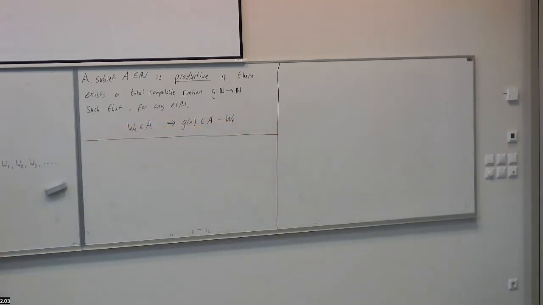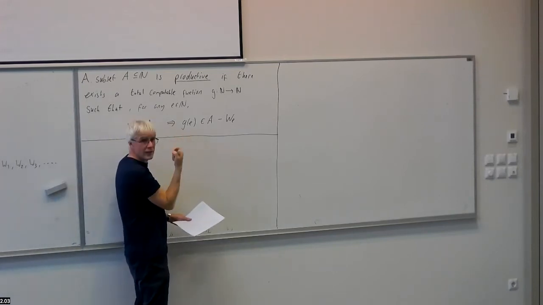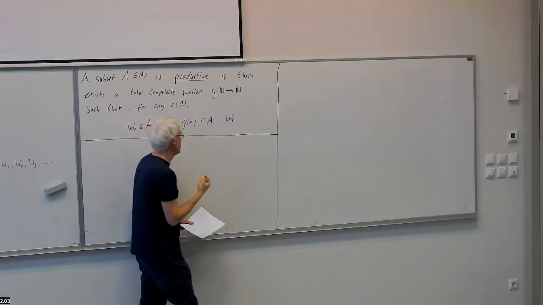So we have a computable way of going about it: we try to find a computably enumerable set that agrees with A, by giving its index. If it's going to agree with A, it has to at least be a subset. But we're always foiled, because our computable function G will find us an element that we've omitted from our computably enumerable set.